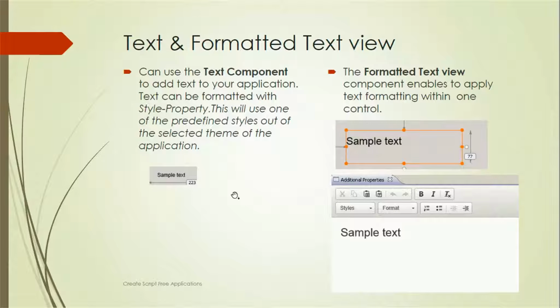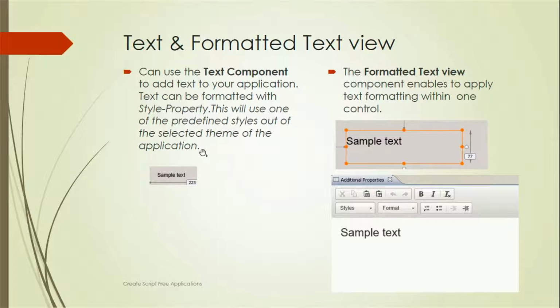Coming to the text and formatted text view. This is a text component which is very simple, and suppose we want to give a title for that particular analysis application, then we can use this text component. Or there is one more, the formatted text view, which enables applying text formatting within one control. If you see, these are the different options available for these text components.